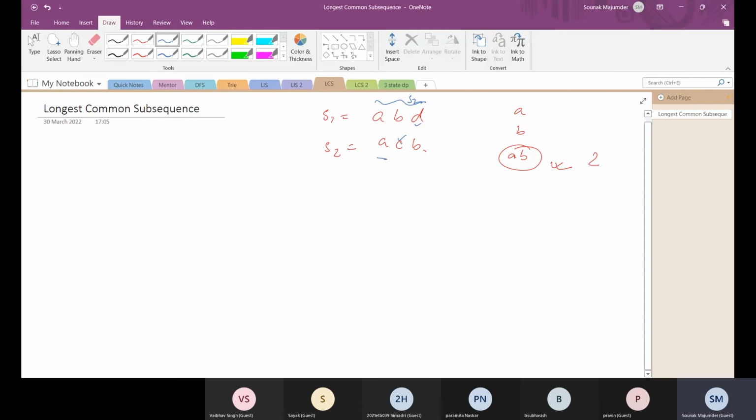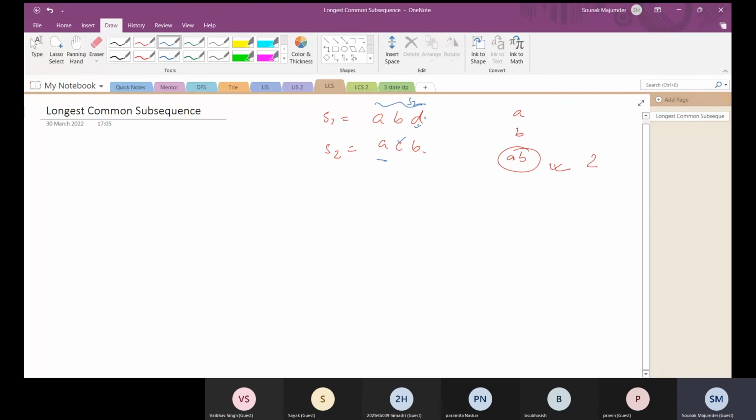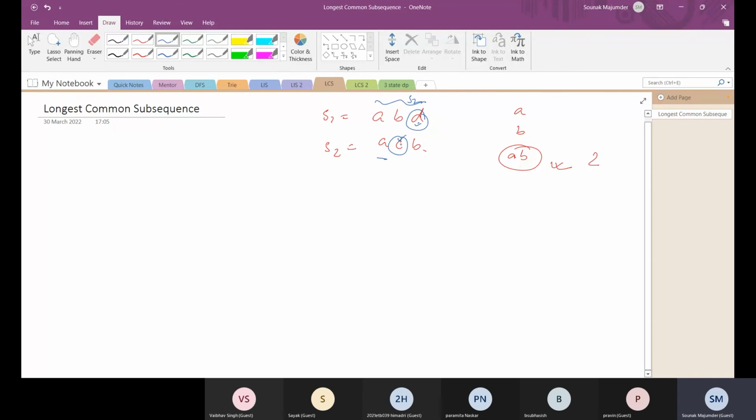Instead, we will match either this C with some element preceding this D, or this D with some element preceding this C. We can have some D over here, then that will match and that can become a part of the LCS. That is the idea over here.